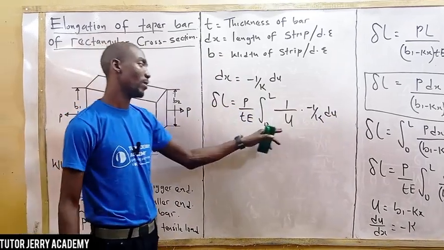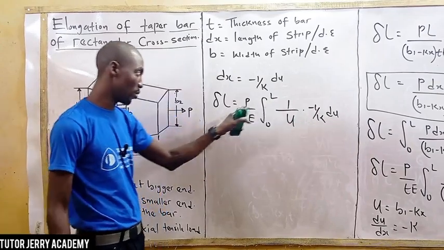So we are integrating with respect to U now, which means minus 1 over K will come to the front.